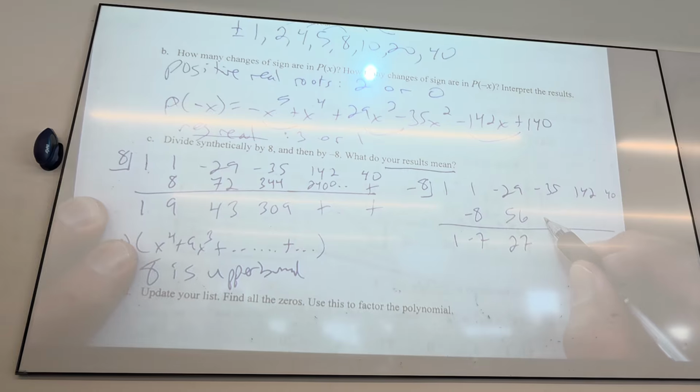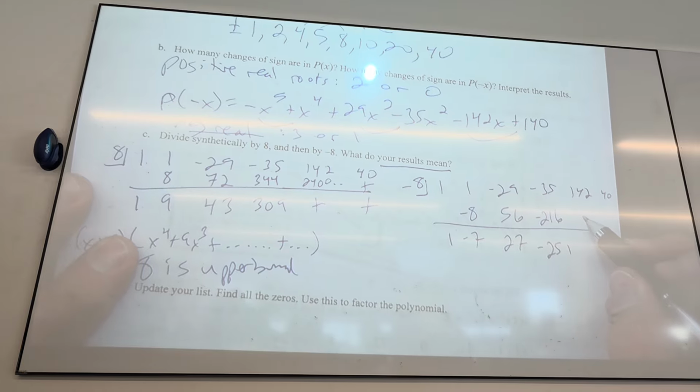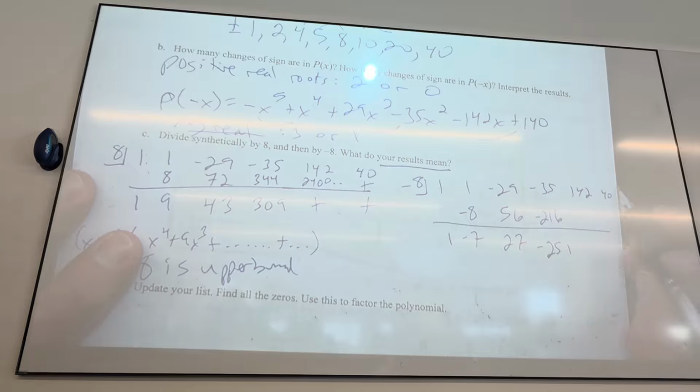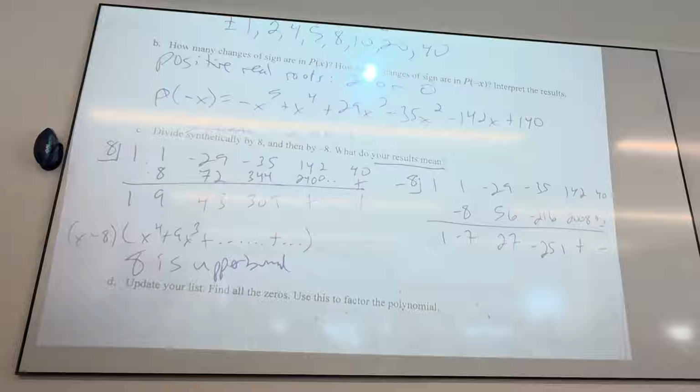Double check me as I'm going. Is that 216? Yes. -251. Is that 2,008? Yes. Neat. And it's going to be positive. So this is going to be positive. This is big negative, so this is going to be negative.